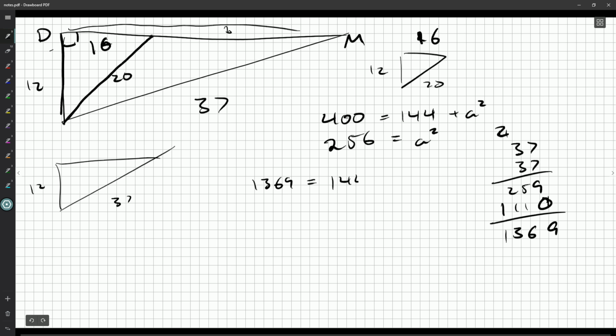And that should be 12 squared plus B squared. Subtract on both sides, and B squared is 1225, which is 35 squared.